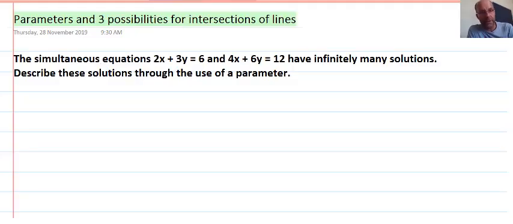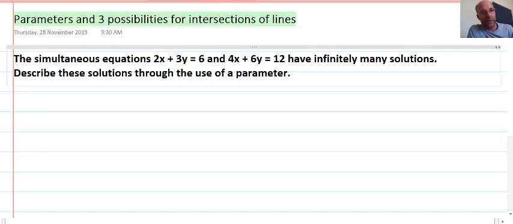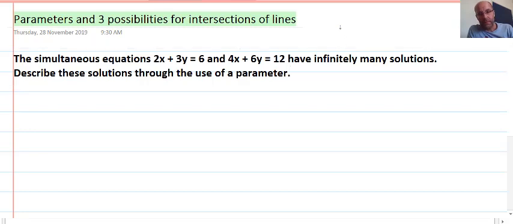When we're talking about three possibilities for intersections of lines or solutions of systems of equations, we're talking about two unknowns across two equations, because we're talking about lines and not planes. When we're talking about those three possibilities, we're talking about infinitely many solutions, or points of intersection.